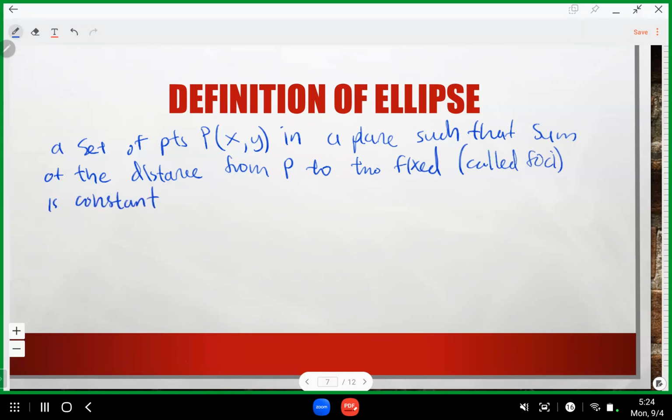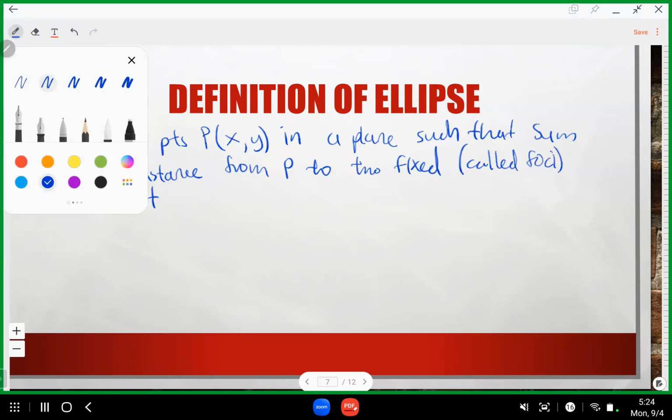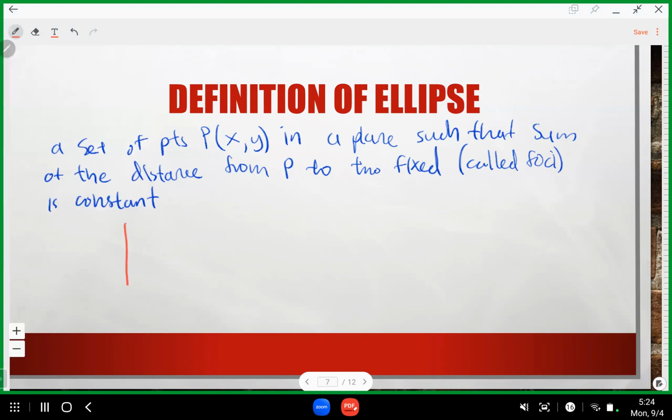Okay, so let me draw one for you. What exactly is an ellipse? An ellipse basically just looks like an oval, right?